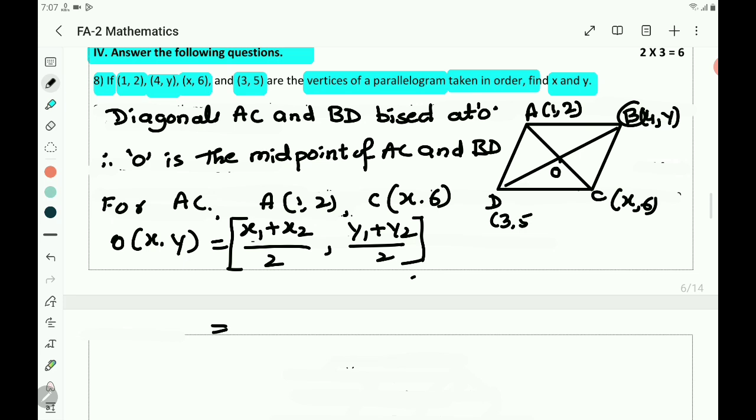Here this is x1, y1, and these are x2, y2. Then x1 plus x2 means 1 plus x, and you write it by 2.